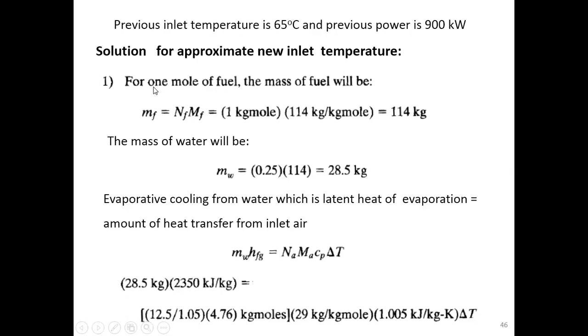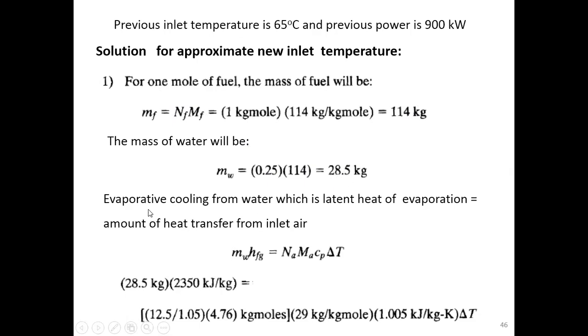So for 1 mole of the fuel, the mass of the fuel will be what? 114 kilogram, right? Okay, so if you use 114 kilogram of fuel, the mass of the water used will be what? 0.25 times 114. So the mass of the water you use is 28.5 kilogram, right?